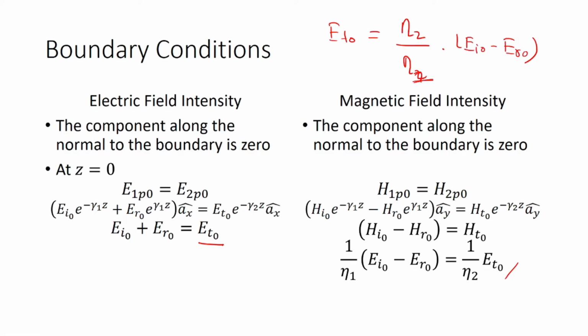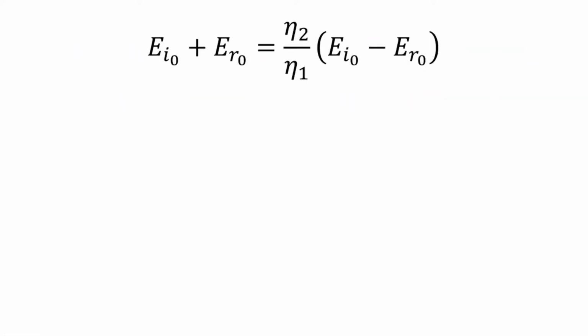From these two equations, I conclude that Ei naught plus Er naught should be equal to eta 2 by eta 1 times Ei naught minus Er naught. If I bring the electric field intensities to one side and intrinsic impedances to the other, I get Ei naught plus Er naught by Ei naught minus Er naught equals eta 2 by eta 1.